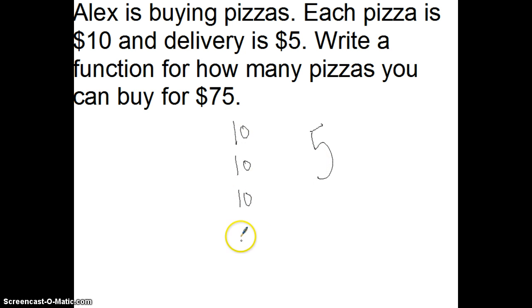Okay, that's $35. 10 for a pizza, 10 for a pizza. So that's 5 pizzas for $55. 65, and then 10, 20, 30, 40, 50, 60, $75. So I could buy 7 pizzas for $75. So before I did anything, you should have known that the answer was going to be 7.